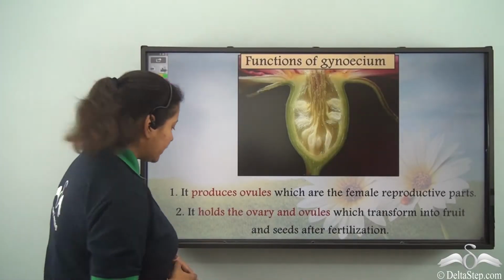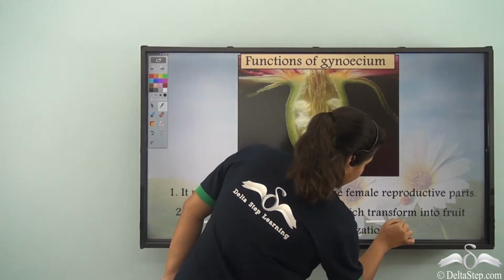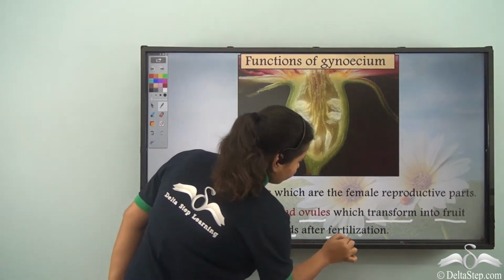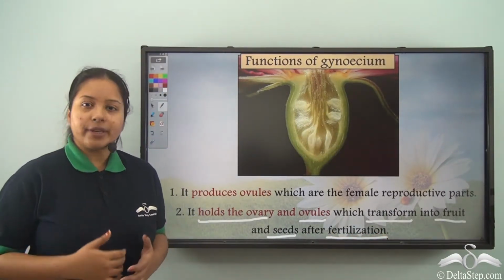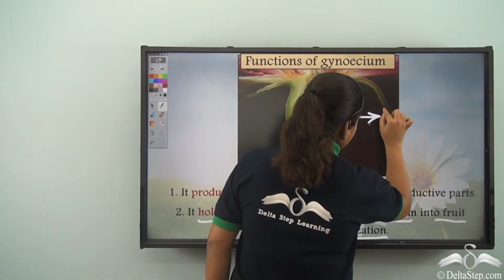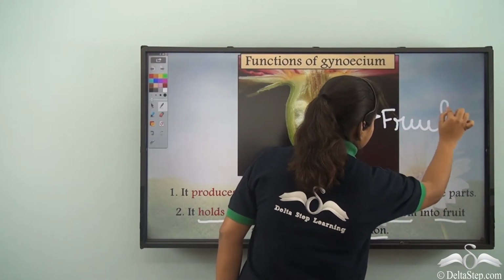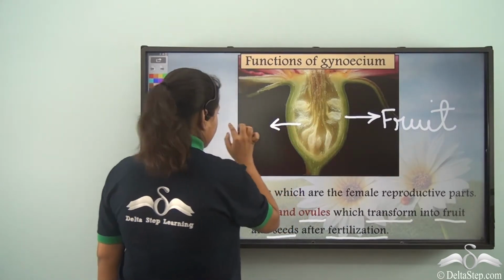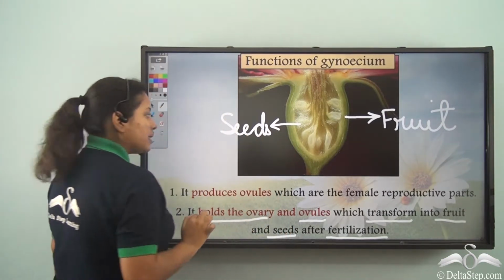Not only this, it holds the ovary and ovules, which transform into fruit and seeds after fertilization. So what happens after fertilization? Well, the ovary changes into the fruit and the ovules transform into the seeds.